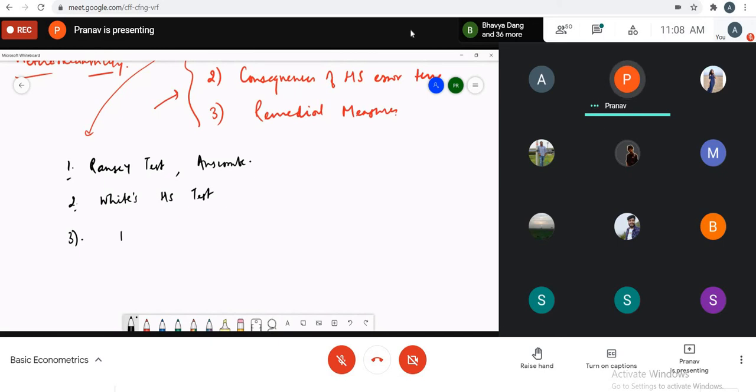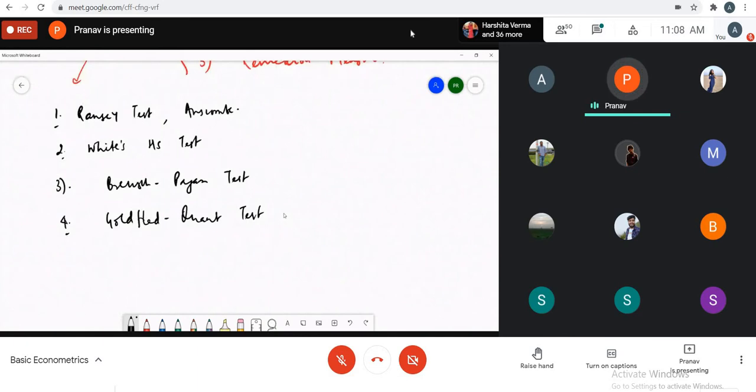Third is the Breusch-Pagan test. And fourth is the Goldfeld-Quandt test. And there are other tests which we discussed as a passing comment, the likelihood ratio test.